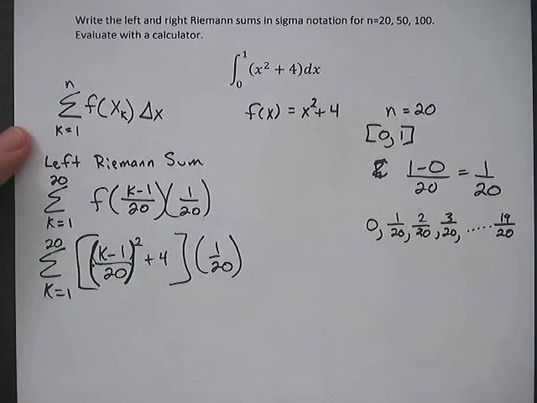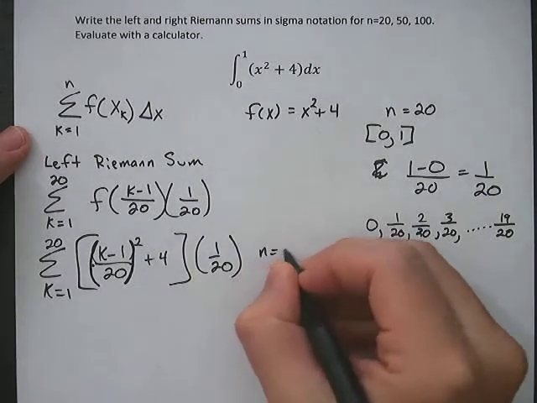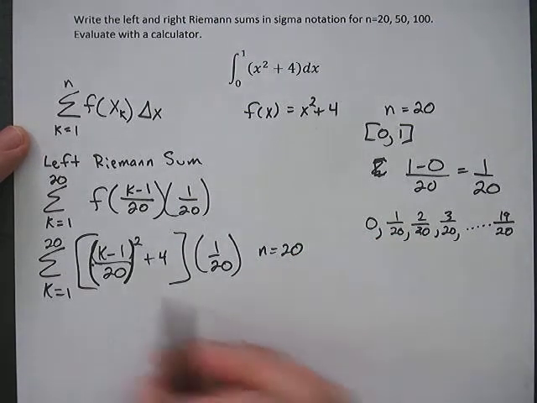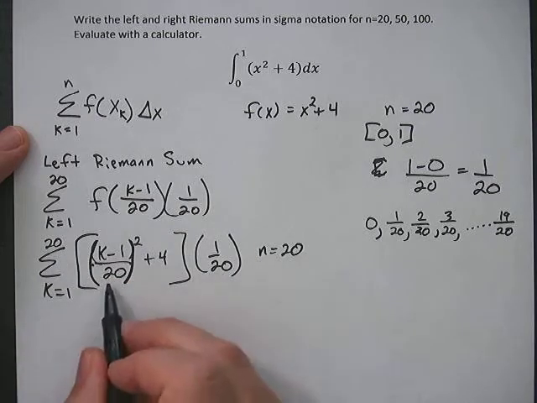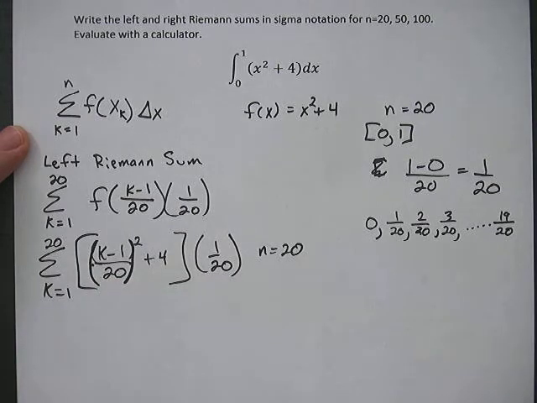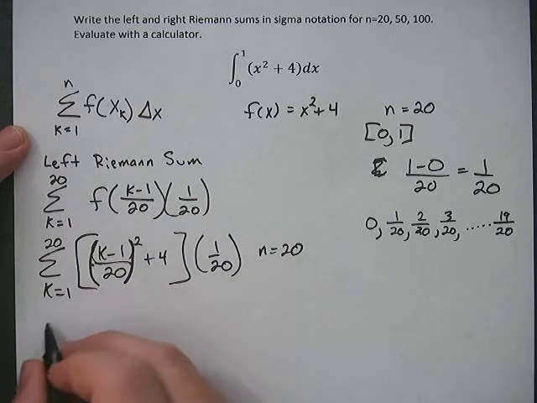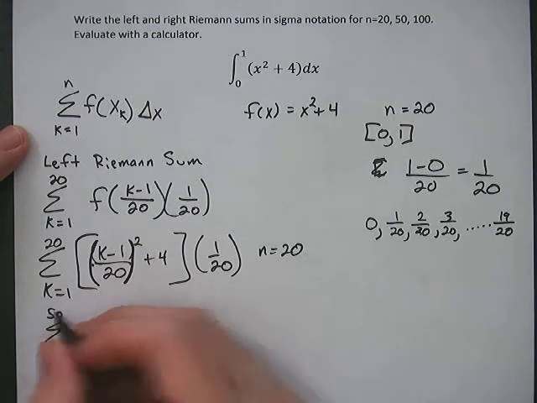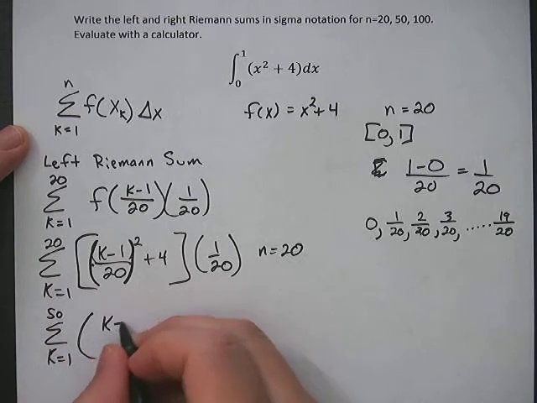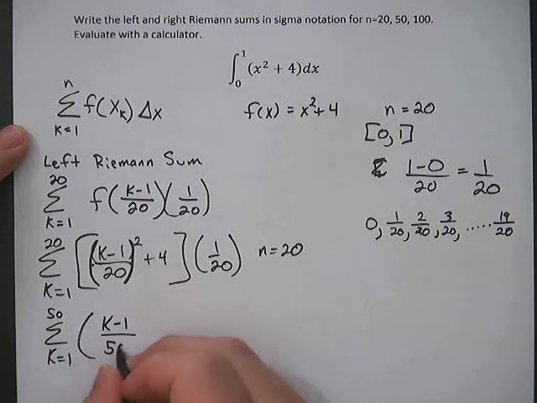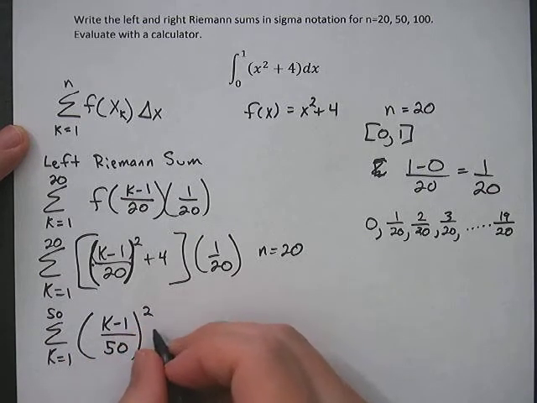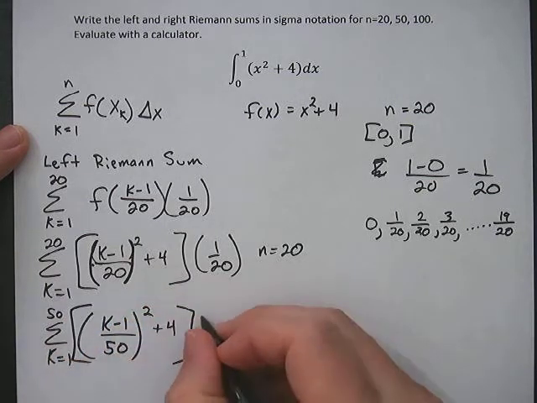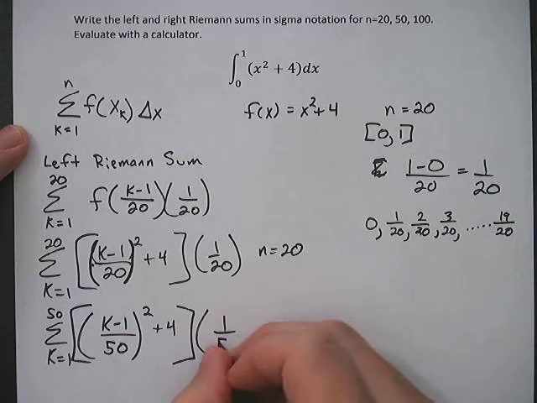You can extrapolate for n equals 50 and 100. You would just change all these 20s to 50s. Okay, so I'll write one of them: k equals 1 to 50 of k minus 1 over 50 squared plus 4, times 1 over 50.